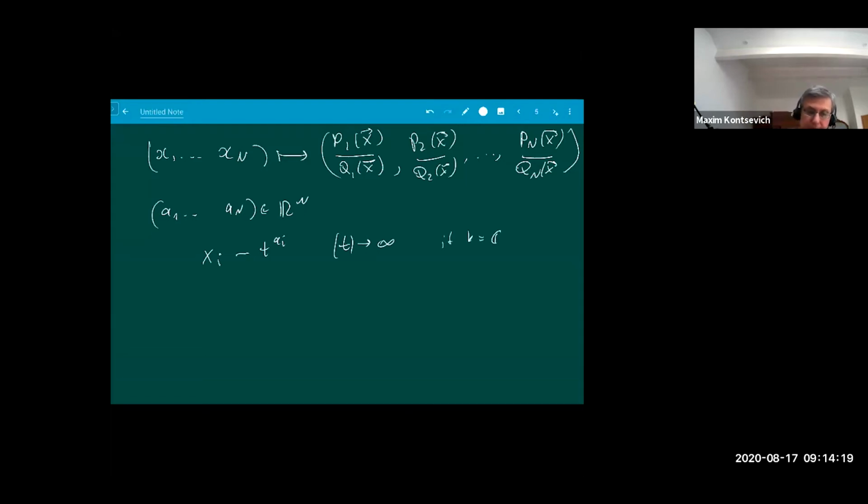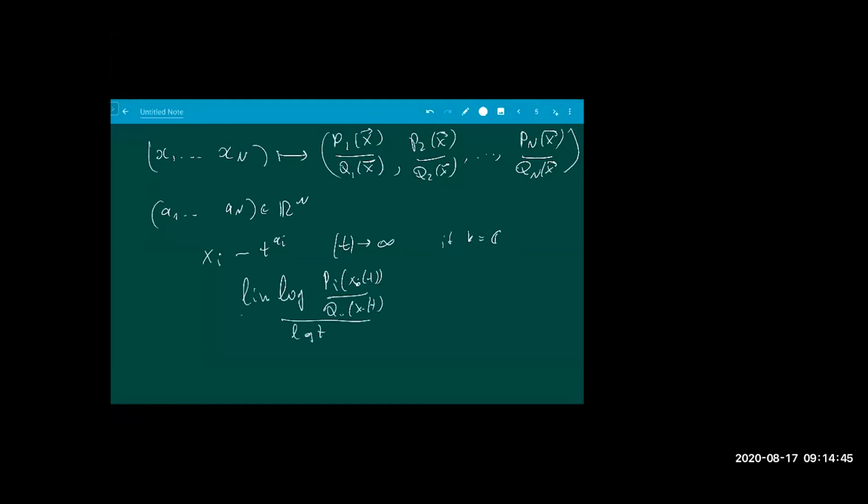When you consider generic values of ai's, you substitute into this polynomial, so it will grow, some monomial will be dominant, you get this point.